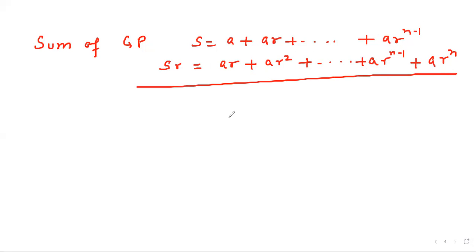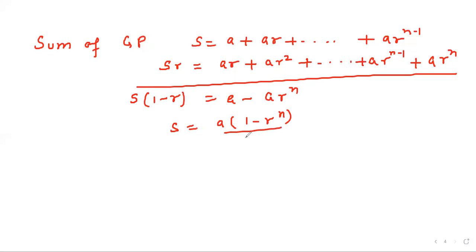If we subtract, we get s times 1 minus r equals a minus ar power n, which gives s equal to a times 1 minus r power n divided by 1 minus r.